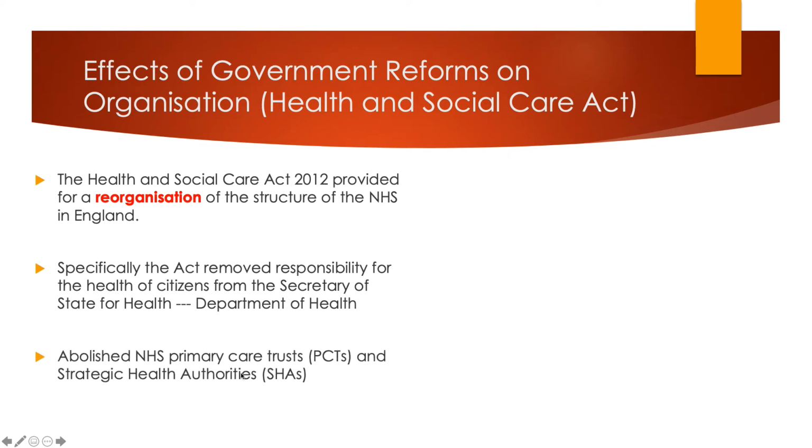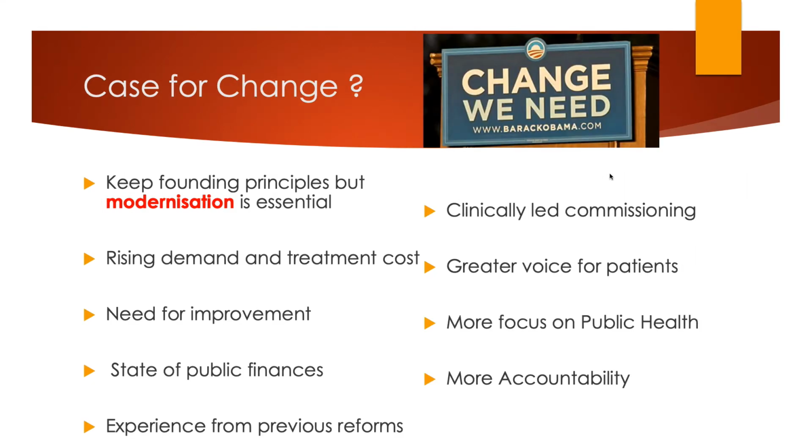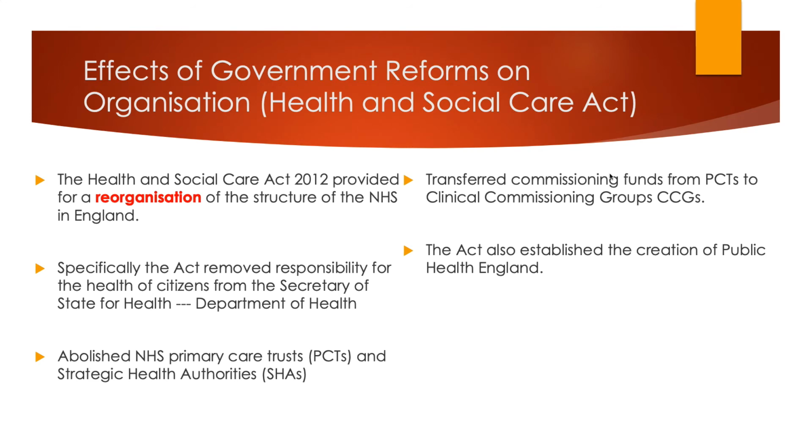It abolished NHS Primary Care Trusts and Strategic Health Authorities, and in their place we have clinical commissioning groups. It also established the creation of the now popular Public Health England. To recap, the Health and Social Care Act is the most radical, biggest restructuring of the 1948 National Health Service in England.